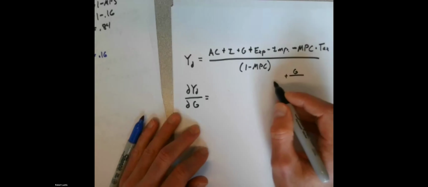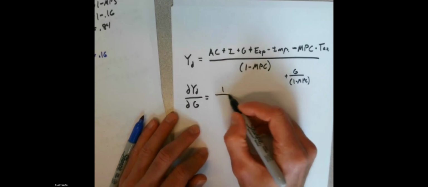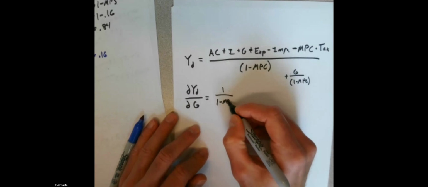So here, if I think about government spending, if everything else stays the same, I could almost think about this as everything else is over here, but I pull out government spending. If this is what's changing, then the change in my real GDP would be, if I take a derivative of this, 1 over 1 minus the marginal propensity to consume. Okay. So this would be the change in my real GDP from a change in government spending.